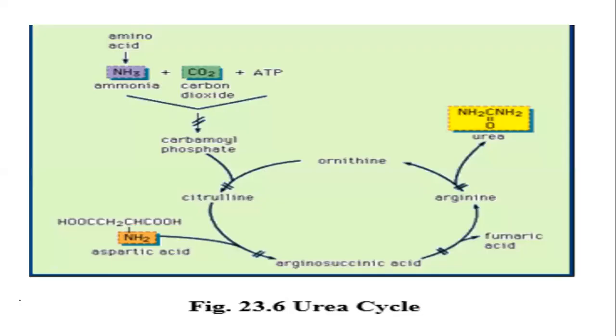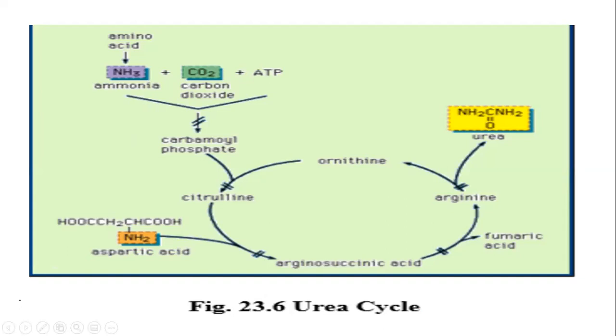Now here we can discuss the urea cycle. The first reaction is formation of carbamoyl phosphate from ammonia, carbon dioxide, and ATP.